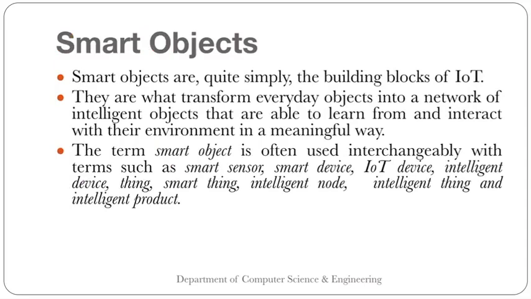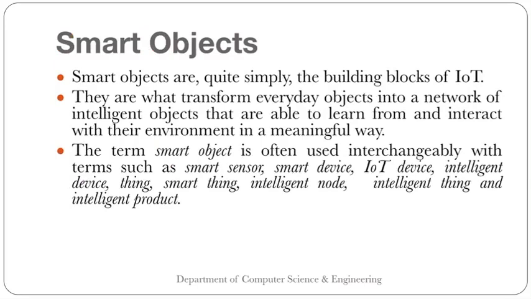The term smart object is often used interchangeably with smart sensors, smart devices, IoT devices, intelligent devices, things, smart things, intelligent node, intelligent things, and intelligent products.